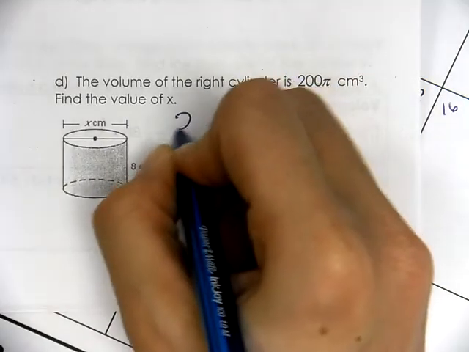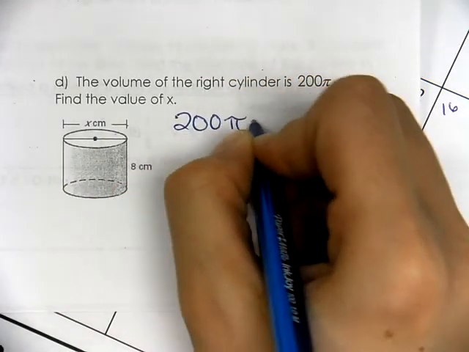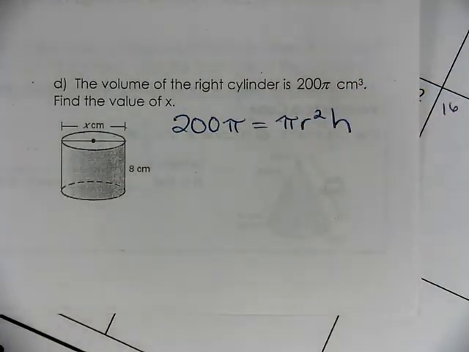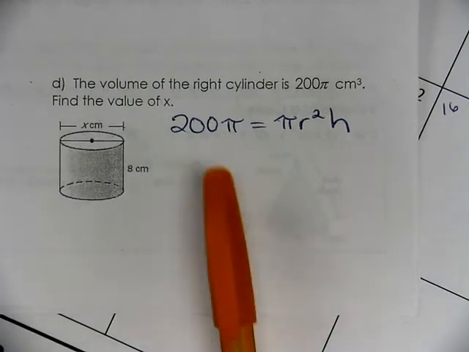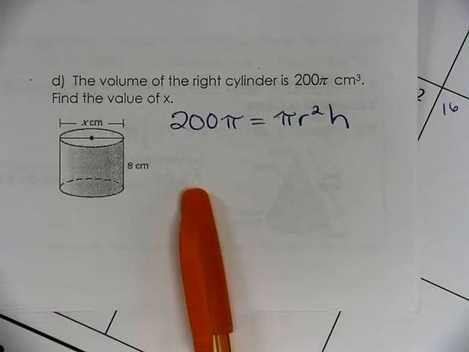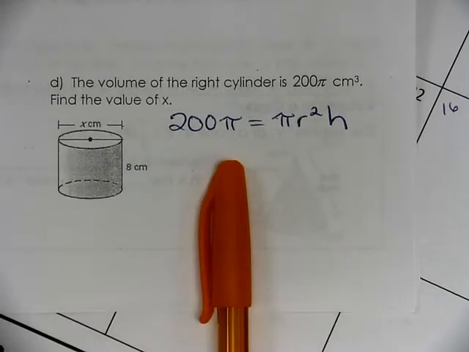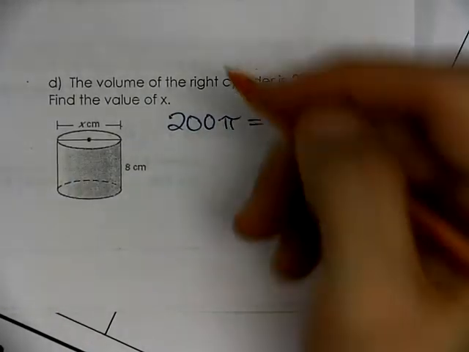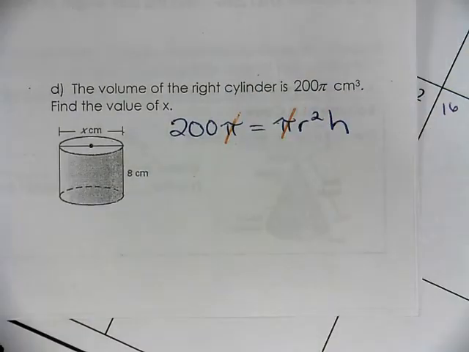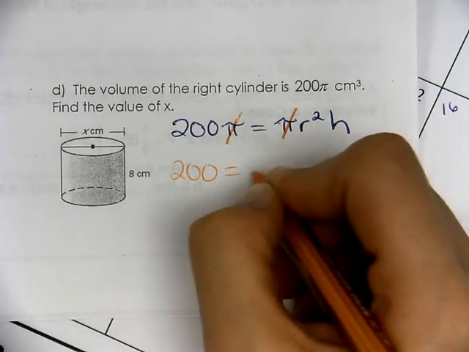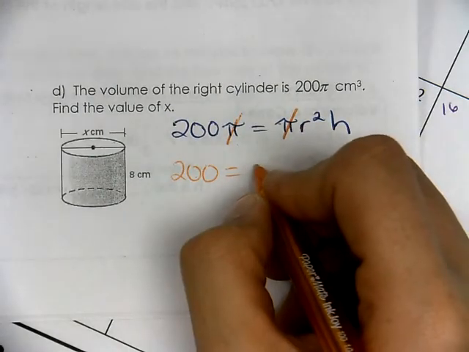Now the only difference, do you see how in this one we have pi on both sides? So this one's different than the one on the other side. Pi is included in the volume, so you can just cancel pi. So you get 200. Oh, we know the height. It's 8.